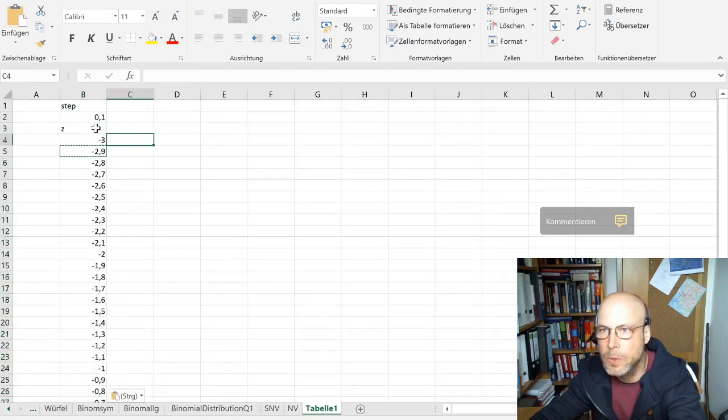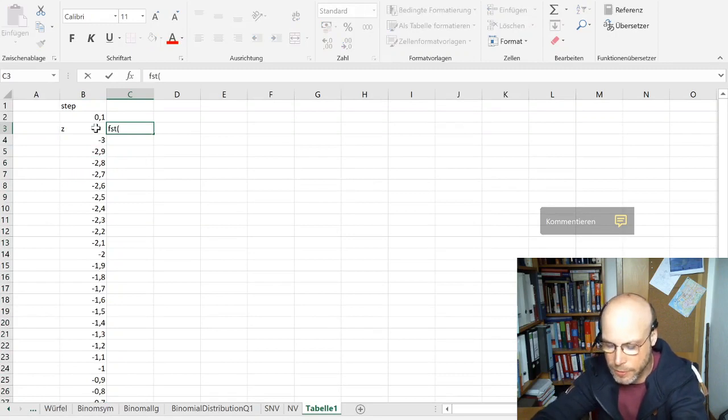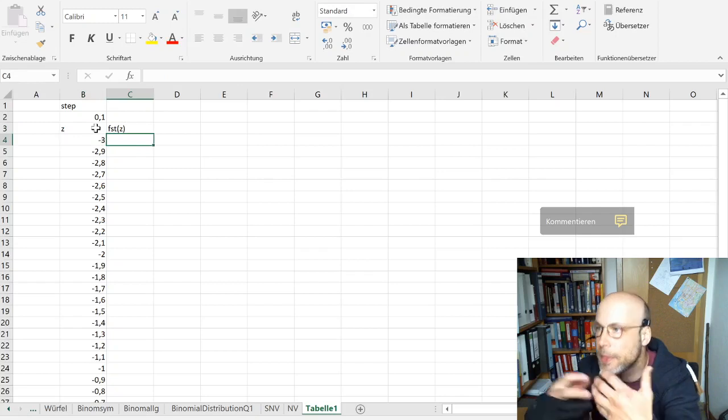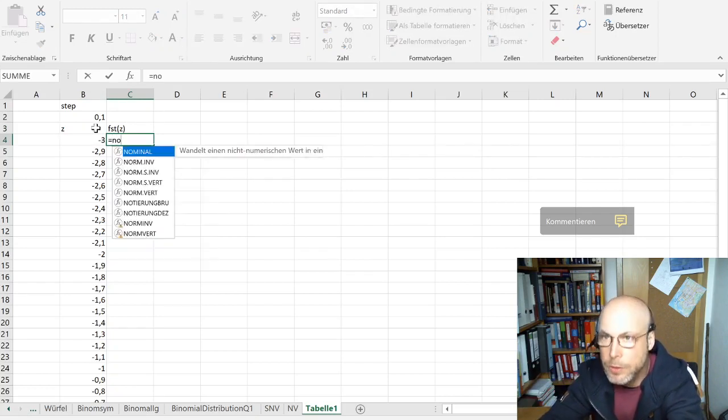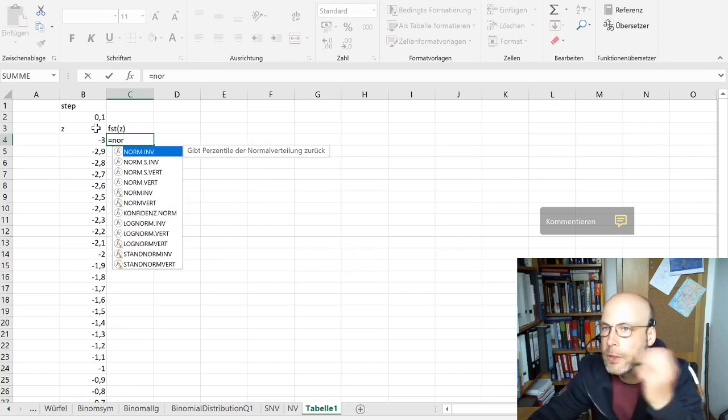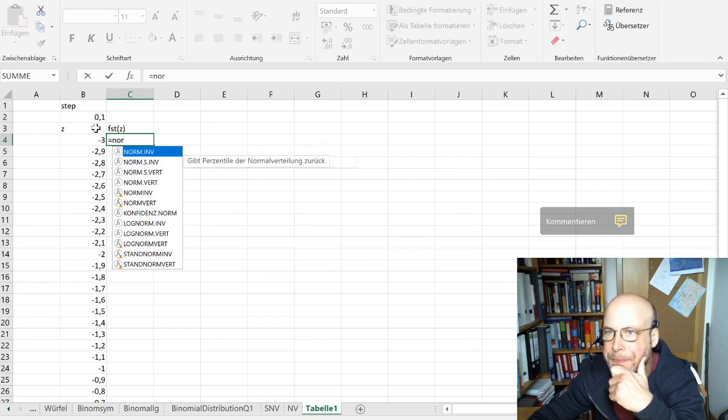And now we need f standard of z. And this is, of course, this table which we have seen, implemented in Excel. This is implemented via normal. I also gave you this list with the translation into English of the formulas, but of course my computer is also in German, the standard language, and therefore we have here the German.